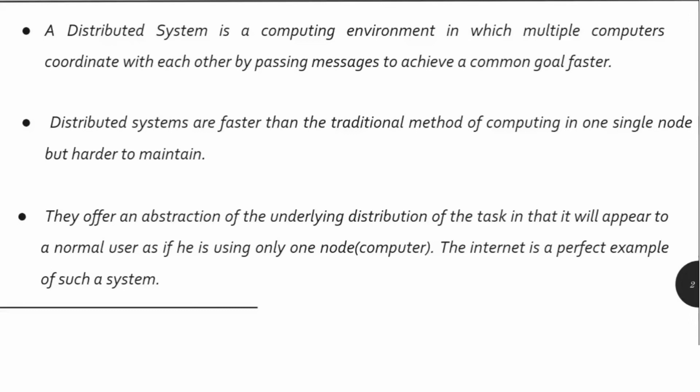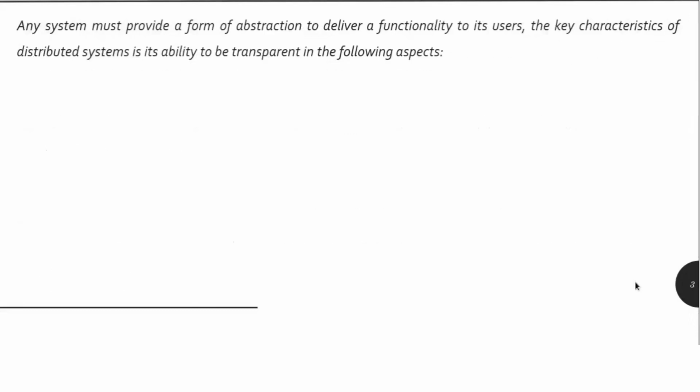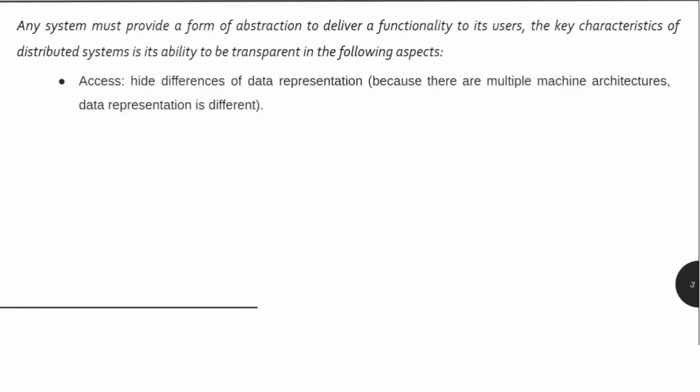Everything is abstracted away. In order for a distributed system to appear like one single component instead of multiple components working together, it needs to have transparency in the following aspects. First of all, access transparency. We just mean by that to hide differences of data representation. That's because in a distributed system, we have multiple machines working together with each other.